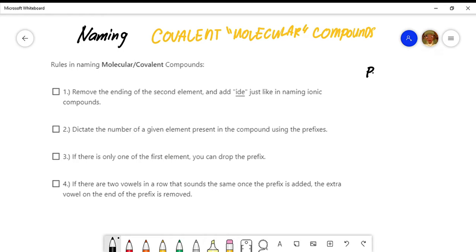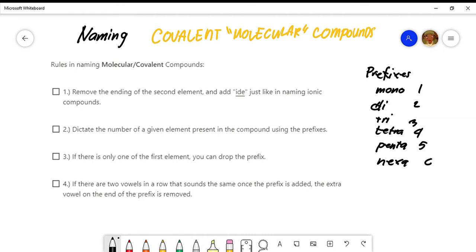So we know the prefixes already. We have mono, 1, di, 2, tri, 3, tetra, 4, penta, 5, hexa, 6, hepta, 7, octa, 8, nona, 9, deca, 10.